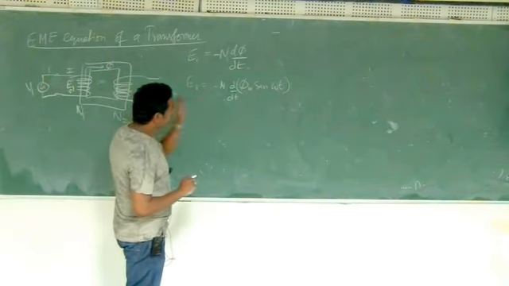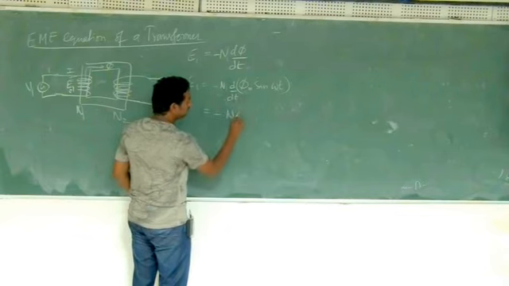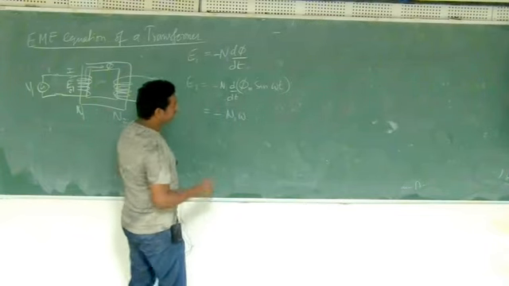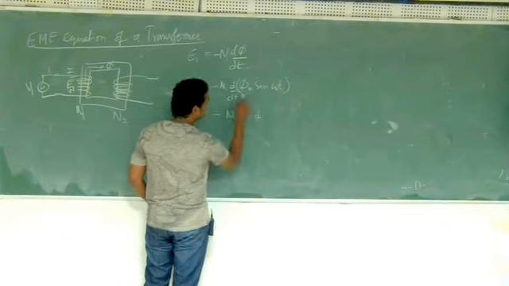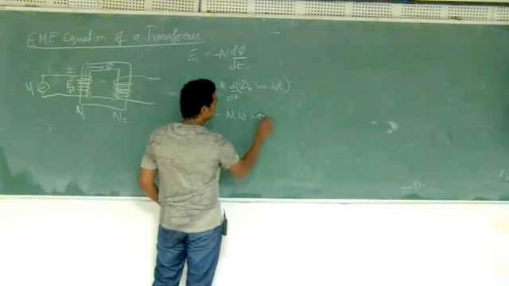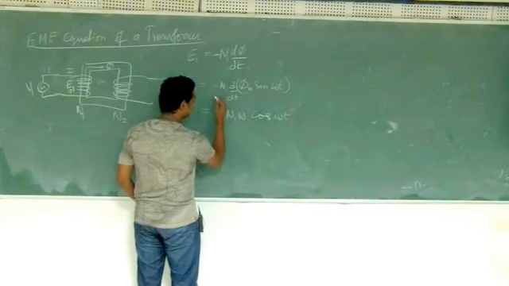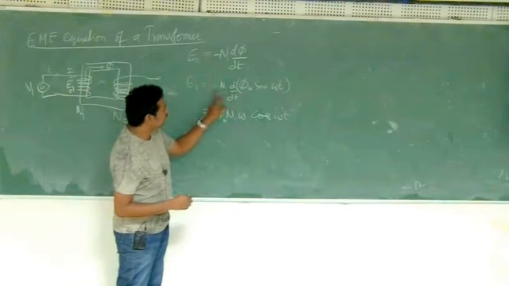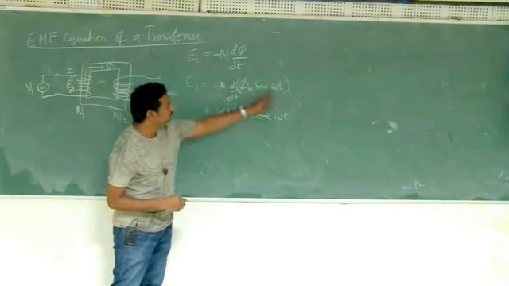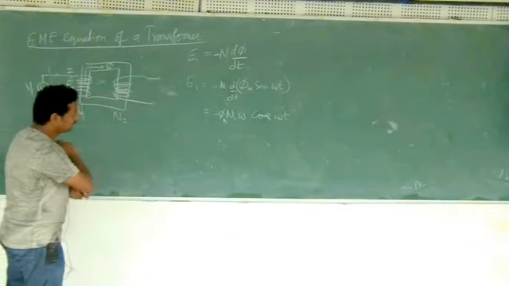If I simply differentiate it, I will get minus N1 into omega phi m cos omega t. This is a constant that comes outside, sine becomes cos, and omega comes out. It's just a simple differentiation, nothing new.